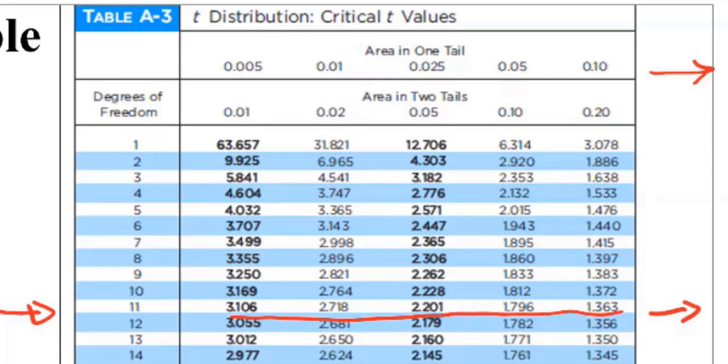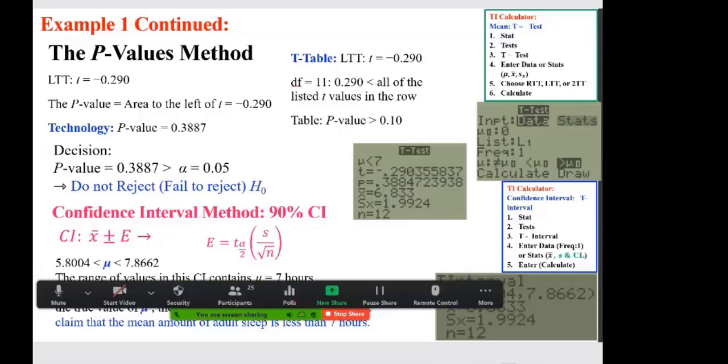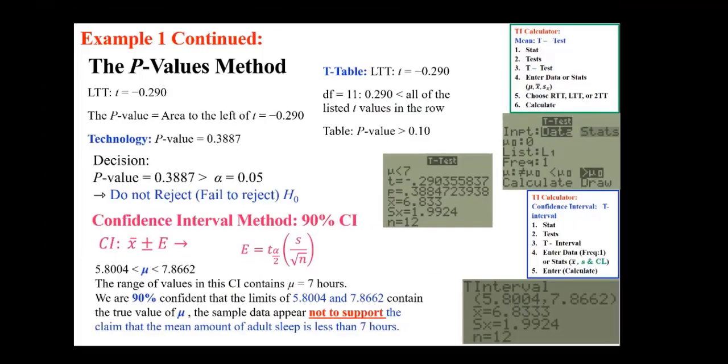That's my point. We may not know the answer from the table, but we know for sure that it is larger than 0.1. In comparison to alpha of 0.05, that's larger than that. Therefore, we get to the same result. We covered 3 different methods. All of them resulted in the same thing.